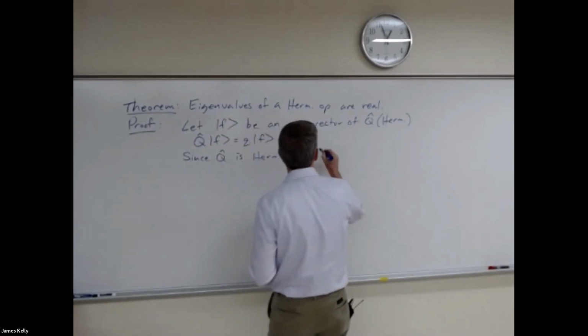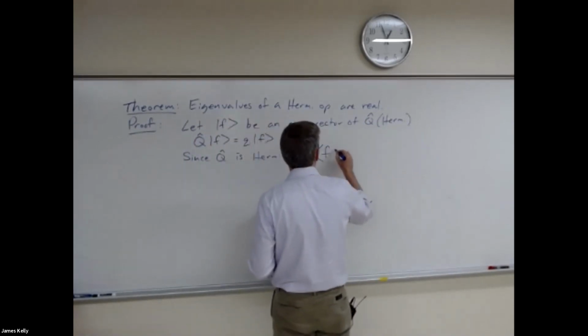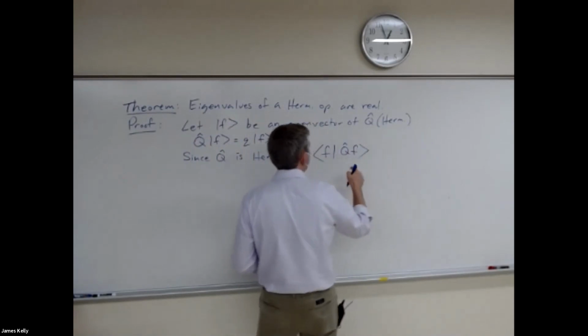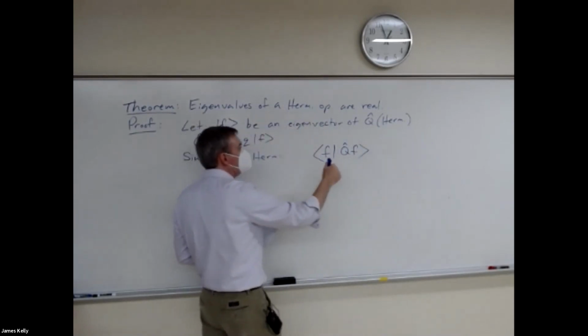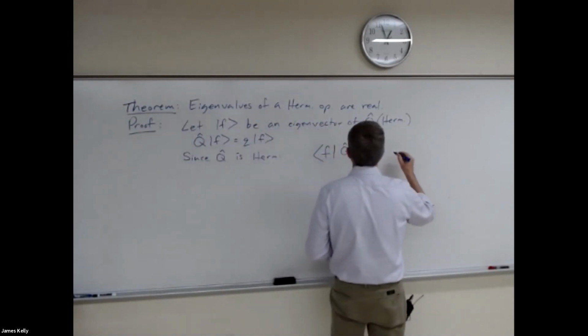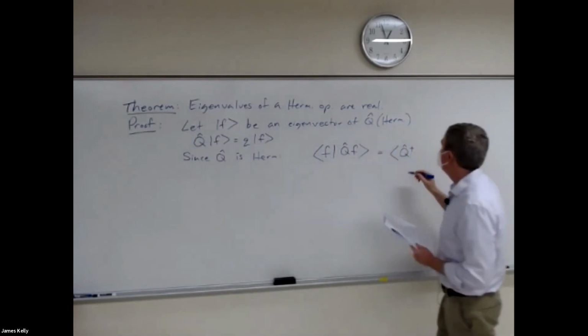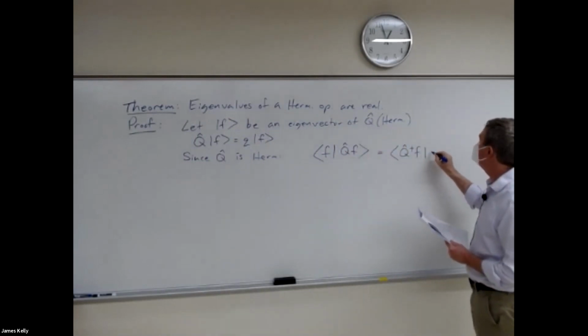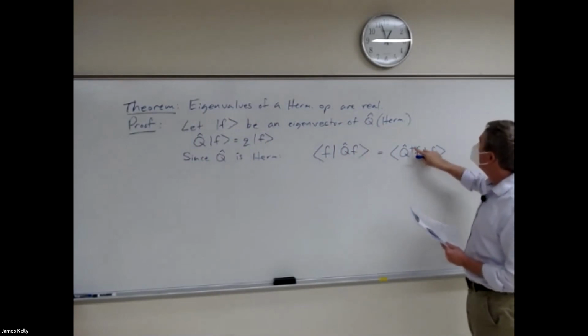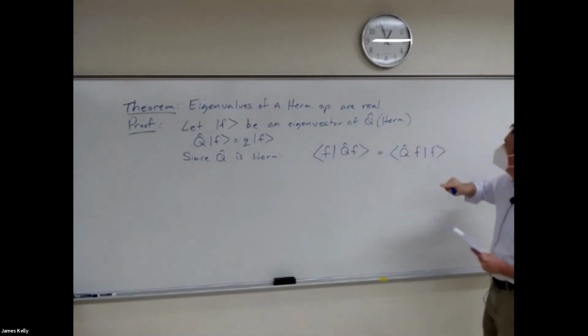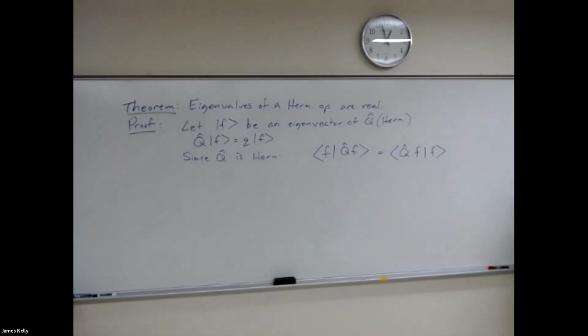So it certainly is true that if I have Q operating on f, inner product with f, normally, if I weren't talking about a Hermitian operator, I'd have to put a dagger on the other side. But since we're assuming Q is Hermitian, we don't need that dagger. So those are equal.